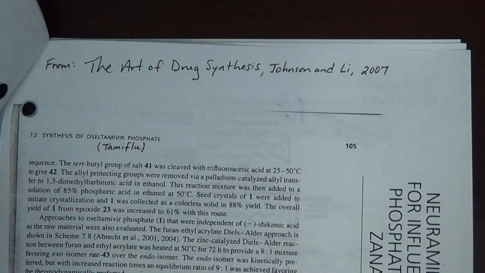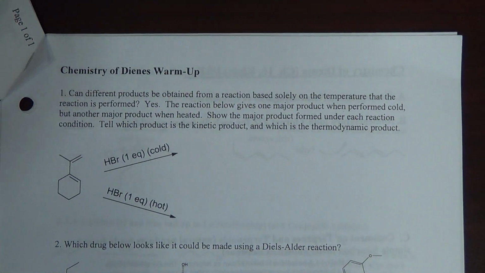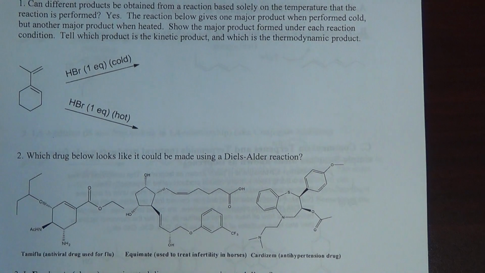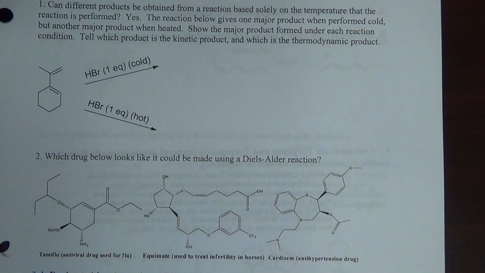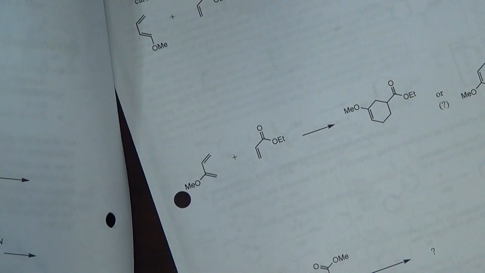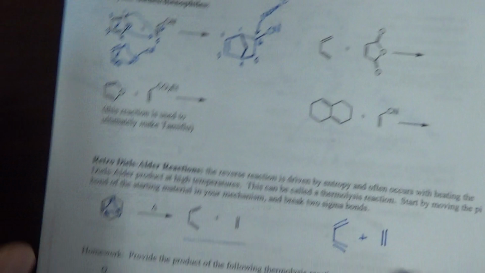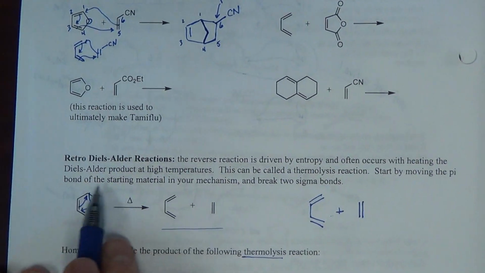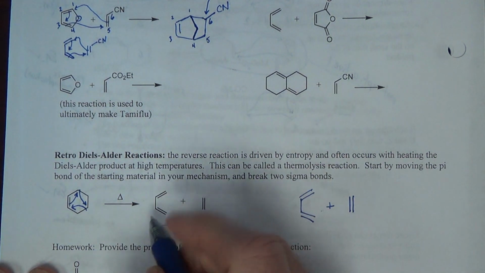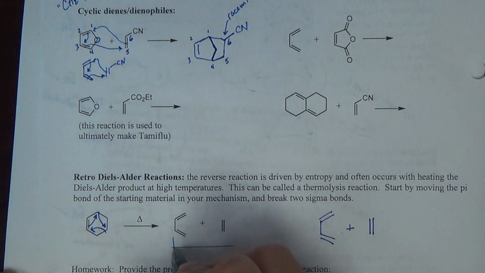We'll also be doing the Diels-Alder lab, potentially in lab. Some semesters, yes. Some semesters, maybe no. In that lab, there's a Retro-Diels-Alder reaction that takes place first to produce the diene.